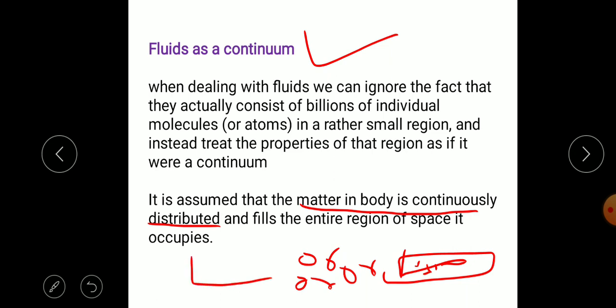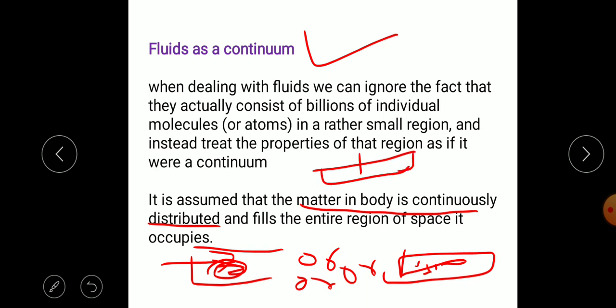Suppose water is flowing in a pipe. We are assuming that the water completely fills the entire region or space it occupies, and there is no gap between the water particles.